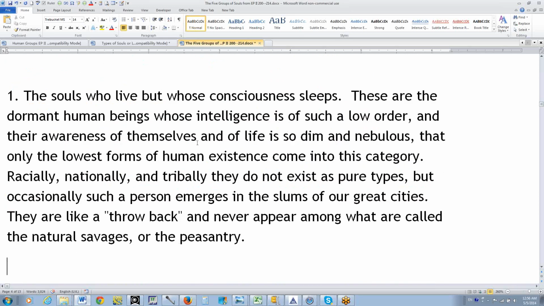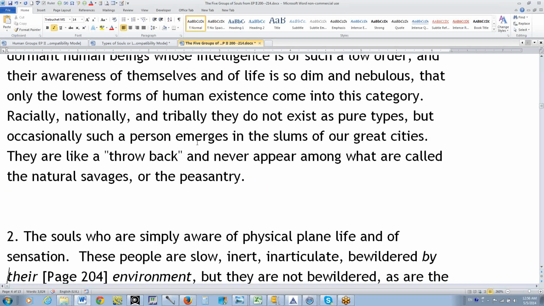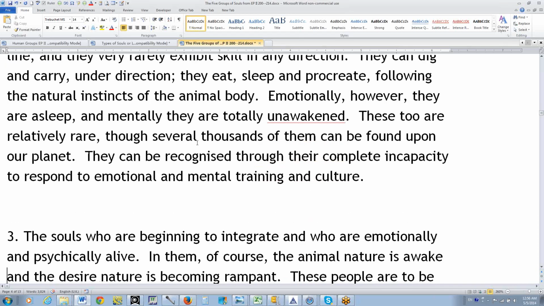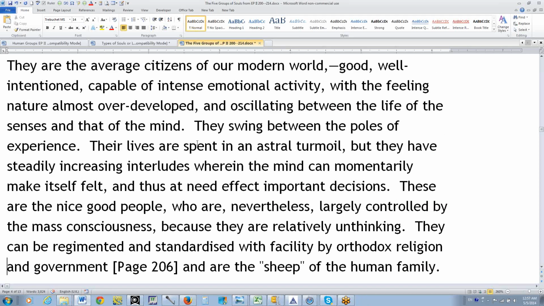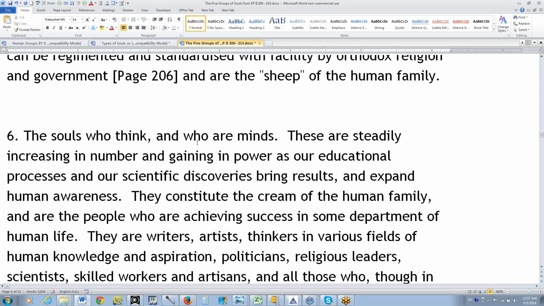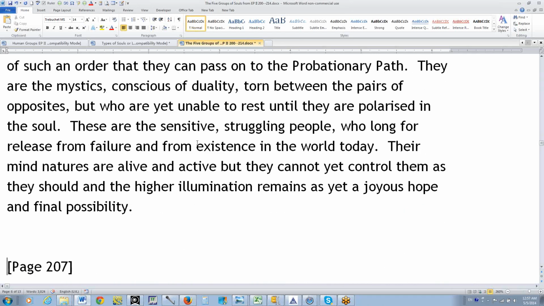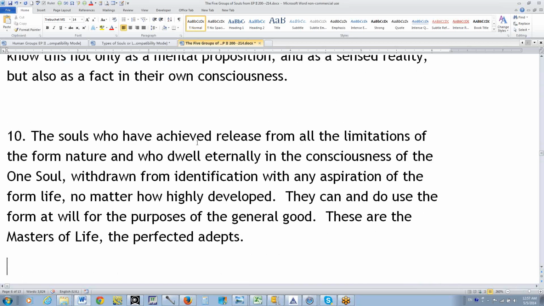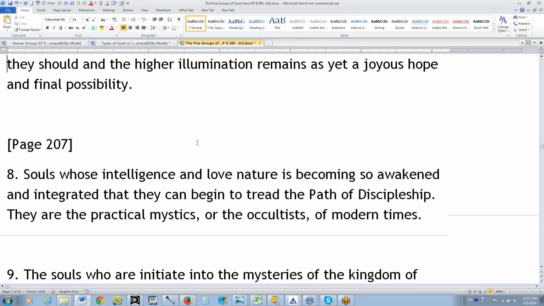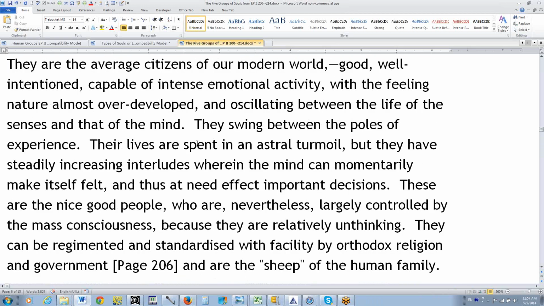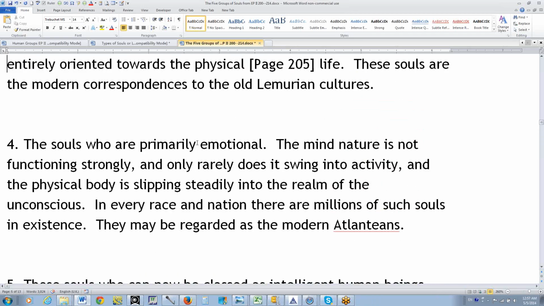Now we are going to enter, I think I'm just going to read these at first, and then I'm going to develop the ideas. Reading them at first will give us a sense of these 10 categories, which are very important categories, because every one of us is going to find himself or herself in one of these categories.